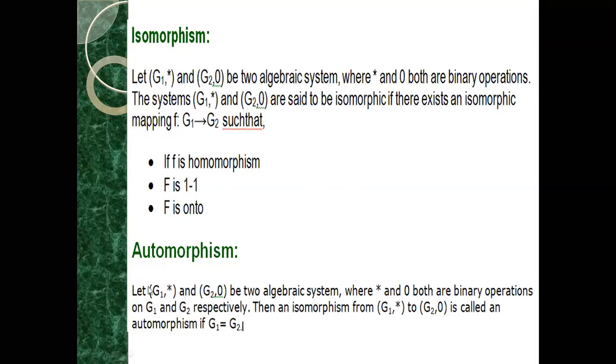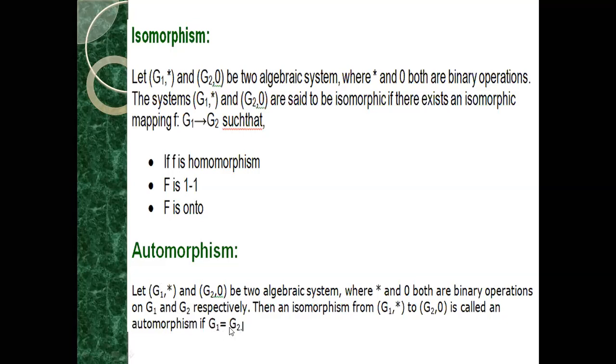Last one, automorphism. Let G1 with star and G2 with circle be two algebraic systems, where star and circle are binary operations on G1 and G2 respectively. Then an isomorphism from G1 star to G2 circle is called an automorphism if G1 is equal to G2. So when the domain is equal to the codomain, the mapping is called an automorphism.